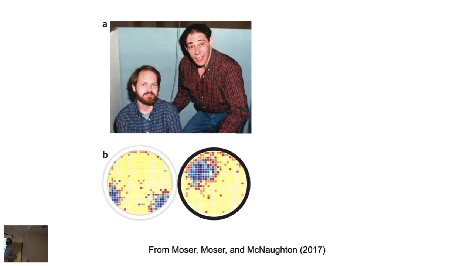You find that the place cell remaps. So the firing fields of that cell, its spatial map, completely changes. Now, this is what happens when you change the rooms. It forces this global remapping to occur.